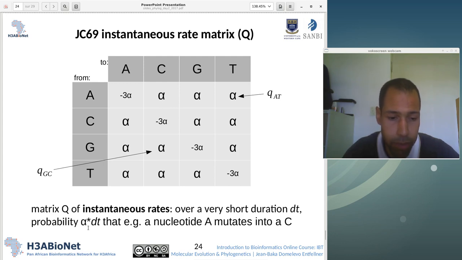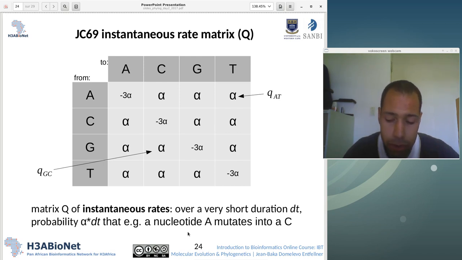So you have a probability alpha times dt that a nucleotide A mutates into a C. Because you have only one rate here, there is equality between this and that. You also have a probability alpha times dt that the nucleotide A mutates into a G. So you have probability 3 times alpha times dt that there is a mutation during an infinitely small amount of time dt. Okay, that's the instantaneous rate matrix.